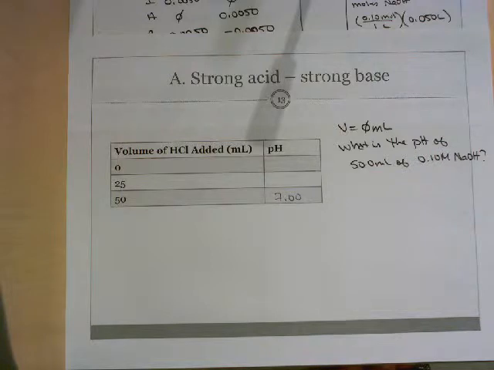Do I need to convert it to moles? What am I looking for, right? I'm looking for pH. Is pH in molarity or in moles? It's in molarity, right? Because it has brackets. So what is something I could figure out right this second if I have 0.1 molar sodium hydroxide? The pOH.